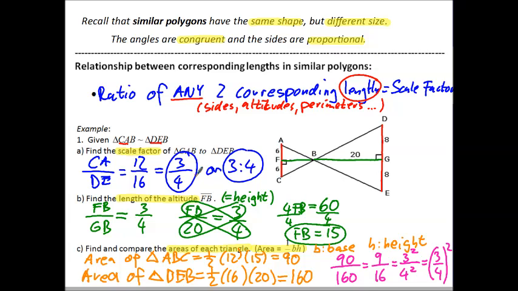Just one note, when we use the different lengths and segments, make sure that we find the corresponding ones. We can go either by the similarity statement or using our diagram. Just make sure that you find the corresponding lengths and compare them when you're supposed to find the scale factor. So let's write down what we just discovered.